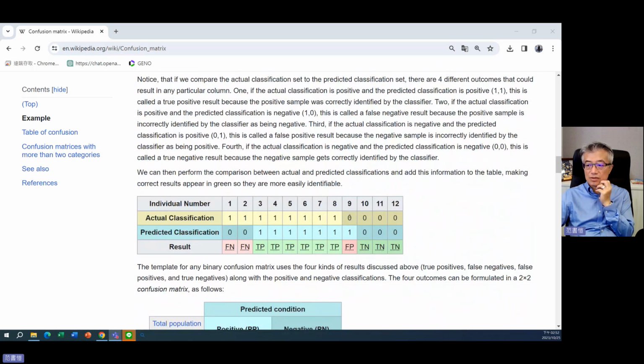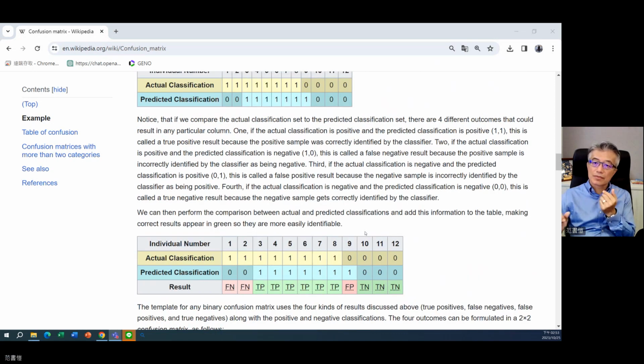There's no cancer but predicted as having cancer, the false positive. It has cancer and is predicted as having cancer, true positive. And if it's negative and the prediction is negative, it is known as a true negative.